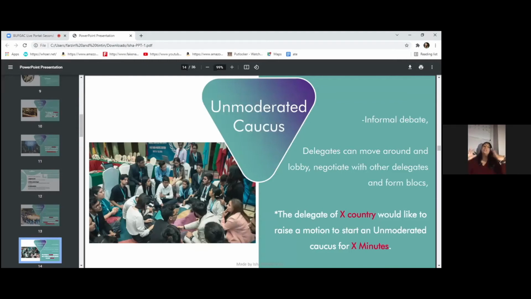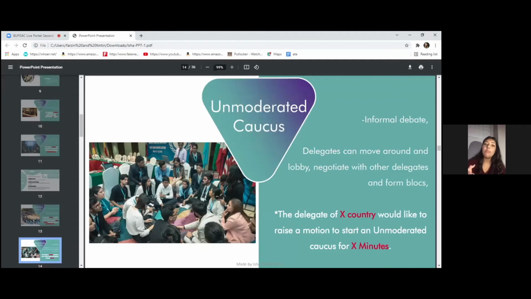You have to let the delegates go unmoderated. They can move around and sit out from the space. In moderated caucus, you have to only sit in your space. If you can see the picture, in the previous picture, all the delegates were sitting in their own delegated space. However, in unmoderated caucus, they're sitting on the floor, discussing the topic like that. So this is just an informal debate.